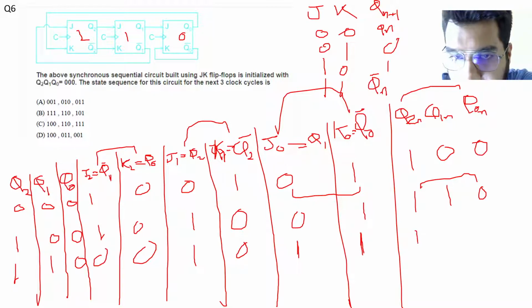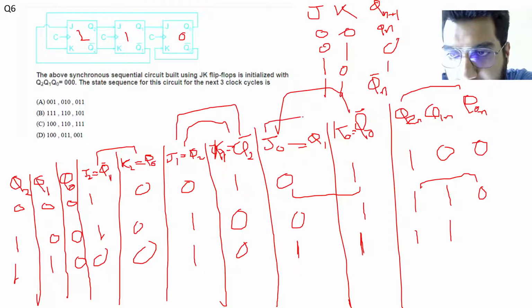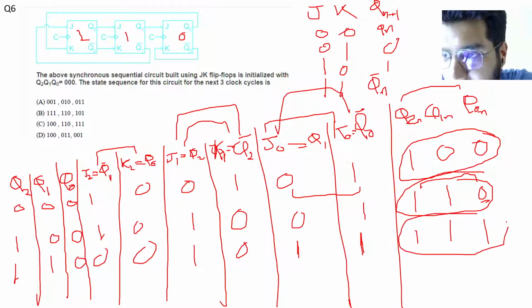It was 1, it will remain as 1. Now for flip flop number 1, it is 1 0, so it will be 1. And for the third one, flip flop number 0, my inputs are 1 1. So 1 1 means toggling. My previous output was 0, so it will be 1. So after 3 cycles my outputs will be 1 0 0, 1 1 0 and 1 1 1.